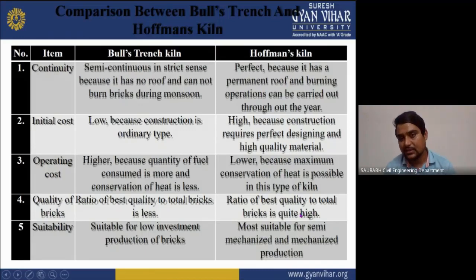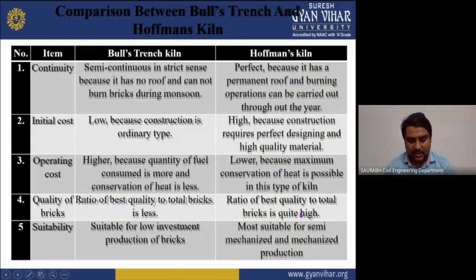So now you can understand the difference between Bull's trench kiln and Hoffman's kiln, and which costs more for the burning of bricks. If you use Hoffman's kiln, then it will be a permanent construction, and you can work also in the rainy season, but in Bull's trench kiln you cannot work in the rainy season because of the rain problem.